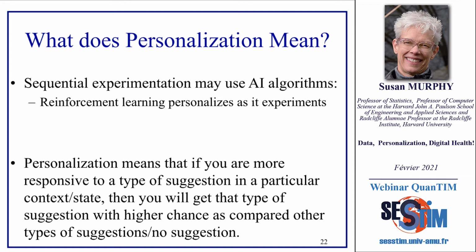If the individual appears to be less responsive in a particular setting, as time goes on, then the probability that the individual would receive that intervention in that setting should decrease. Personalization means that if you are more responsive to a type of suggestion in a particular context or state, then you will get that type of suggestion with a higher chance as compared to others.